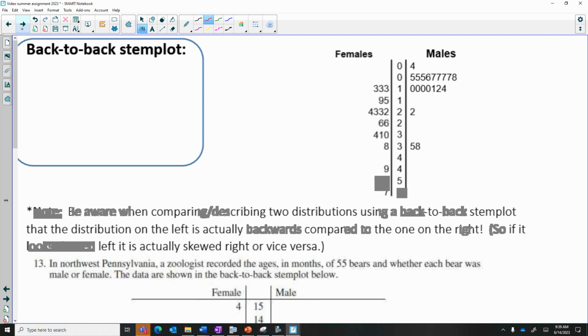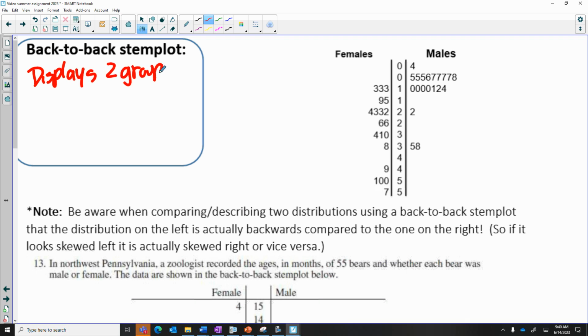All right, now let's look down below. There, you may see what we call a back-to-back stem plot. A back-to-back stem plot displays two groups. In this case, the groups are males and females, measuring the same variable.